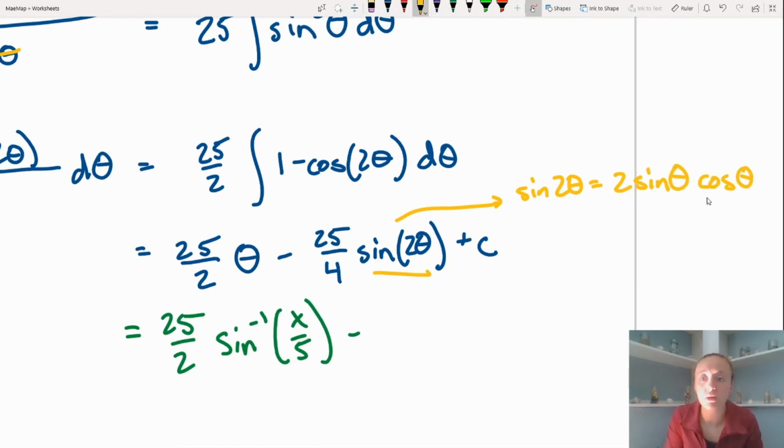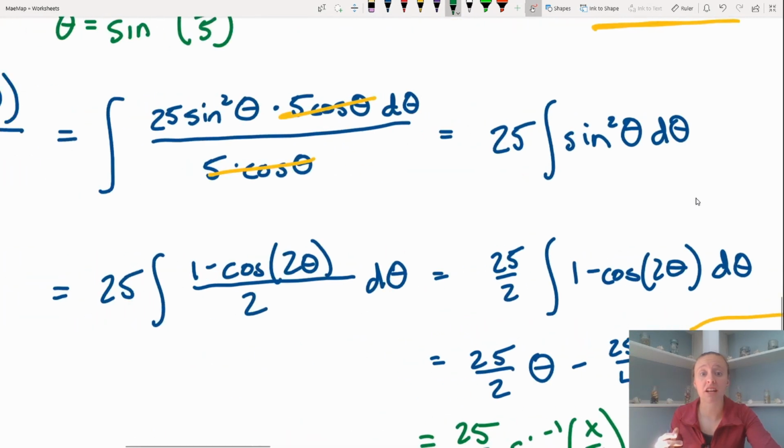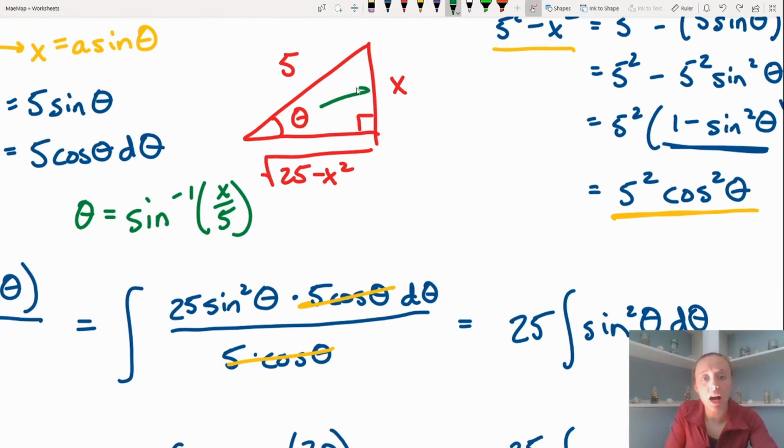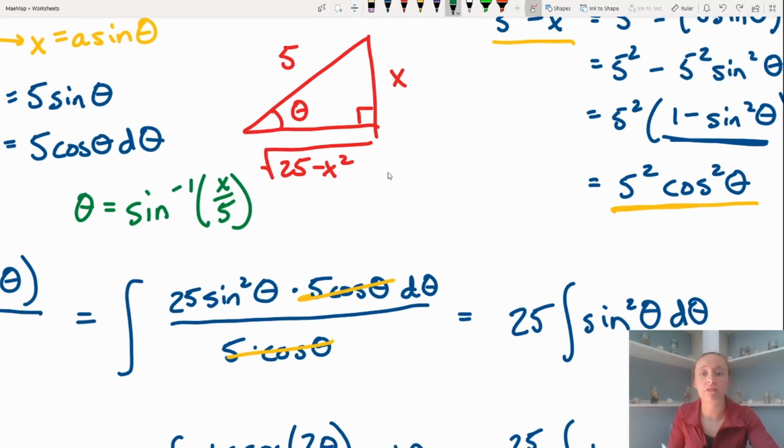So if I plug 2 sine of theta cosine theta in, I get 25 over 2, because I'll cancel out a 2 from my denominator, so that'll be 25 over 2 times sine of theta cosine of theta. These are simple trigs, so I'll go back to my triangle. What's sine of theta? Sine of theta is opposite over hypotenuse, x over 5.